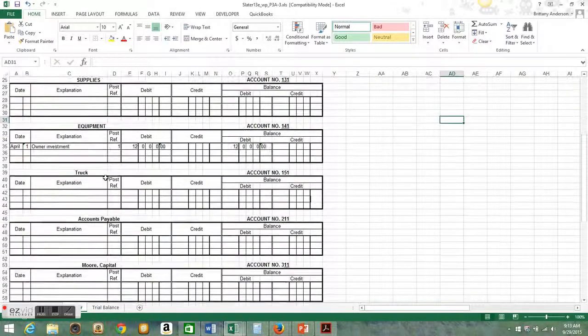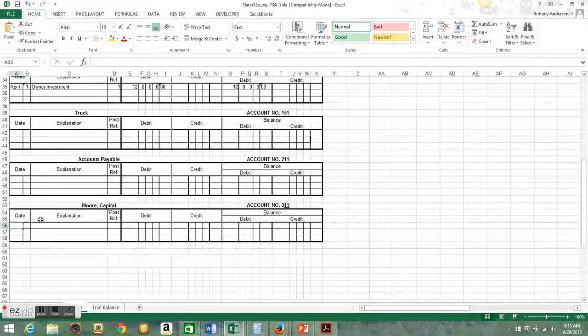Now I'm going to post my capital. Again, it was April 1. And again, owner investment. I could type today. Page 1.